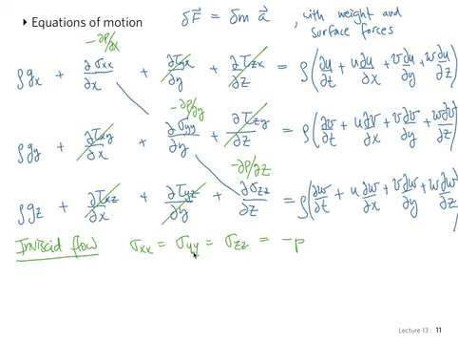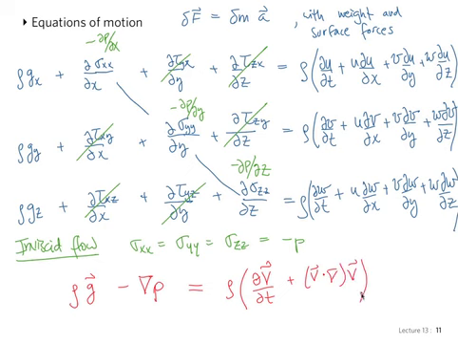So for inviscid flow, we could actually write it in vector notation immediately. The 3 equations together: rho times the vector g minus, you see there's the gradient of pressure in these 3 with a minus sign, equals rho and the acceleration, the partial of velocity with respect to time plus velocity dot nabla applied to velocity, and that's it.